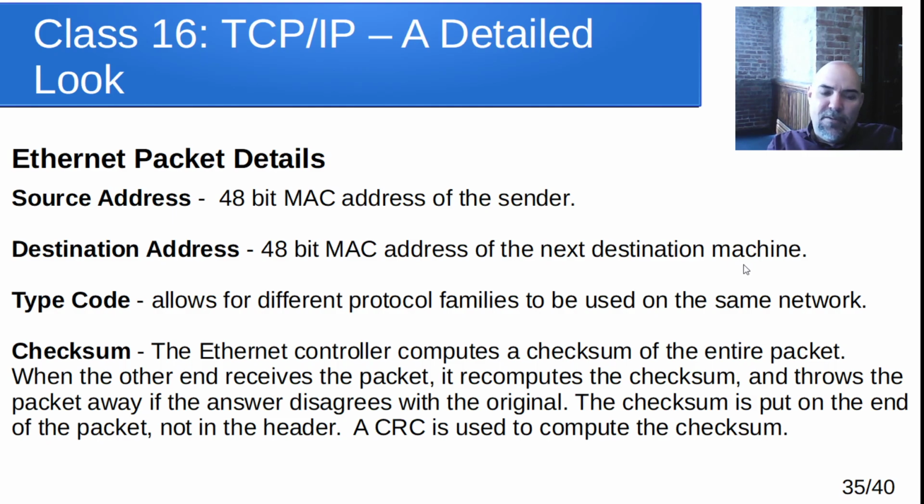So when you send out a packet to connect to some remote machine, the first address you're putting in there is generally the address of the router, the hardware address of the next machine it goes to.